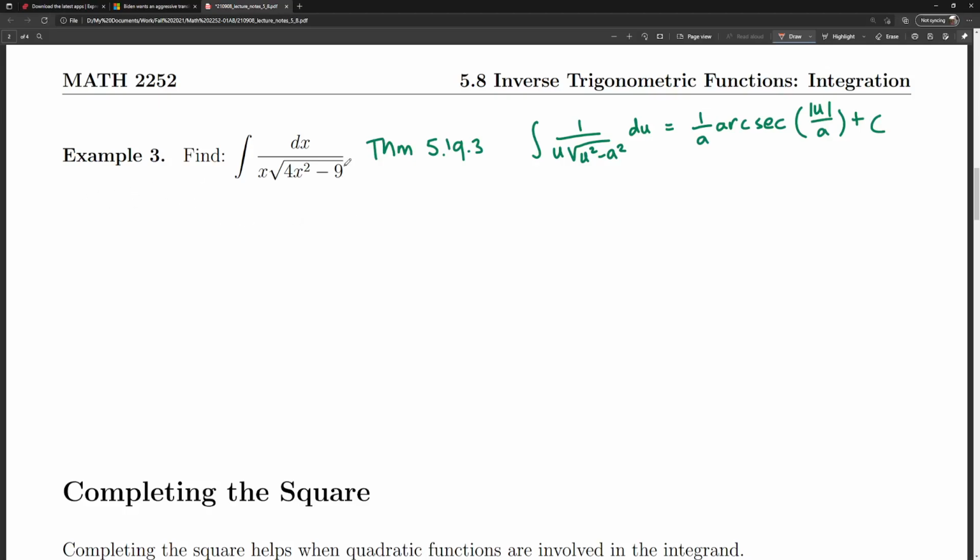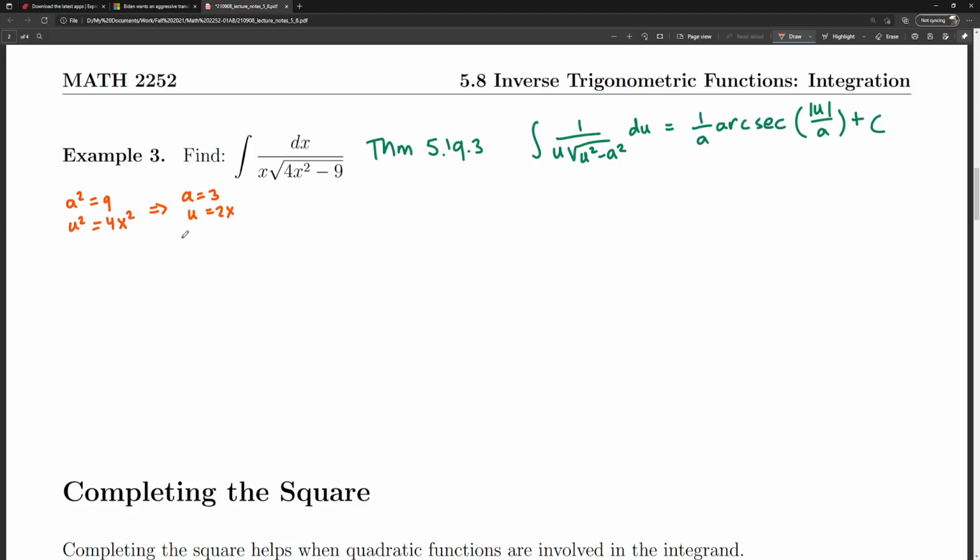So we have minus the constant squared, so we see that a squared equals 9, and we see that u squared equals 4x squared. And from that, it follows that a is 3 and that u equals 2x.